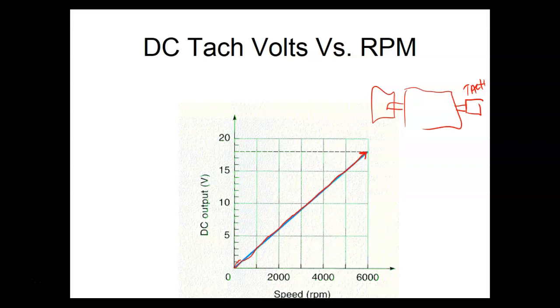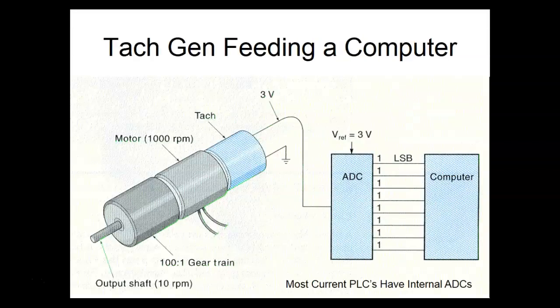Of course, most of your PLCs have analog inputs available. If it's not included in the programmable logic controller, it's an option that you can get, which means we could take the output of this tach generator and run it through some math in our PLC, and then come up with the actual speed. This is basically what I just showed y'all.